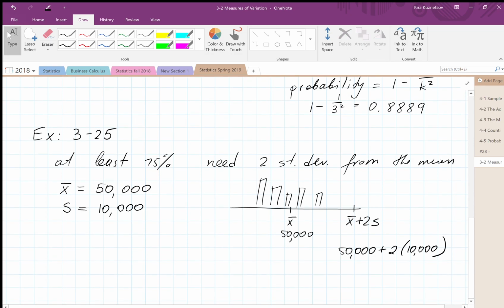So I know that this number is 70,000. Or I can move over to the other side of the spectrum and get 50,000 minus 2 of those 10,000s. So what you end up with is 30,000.